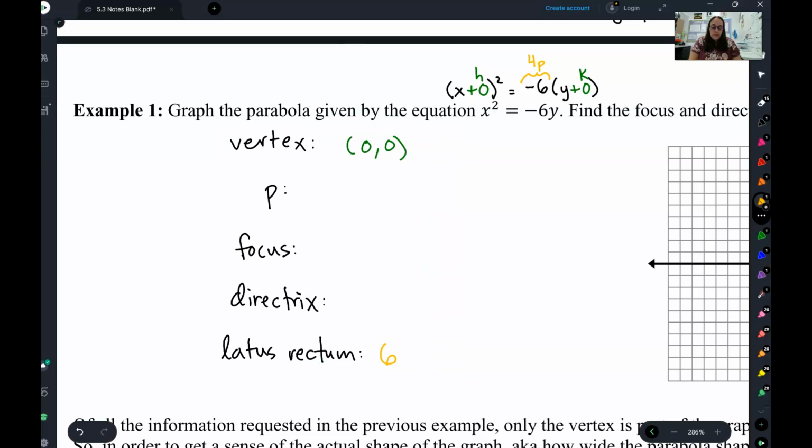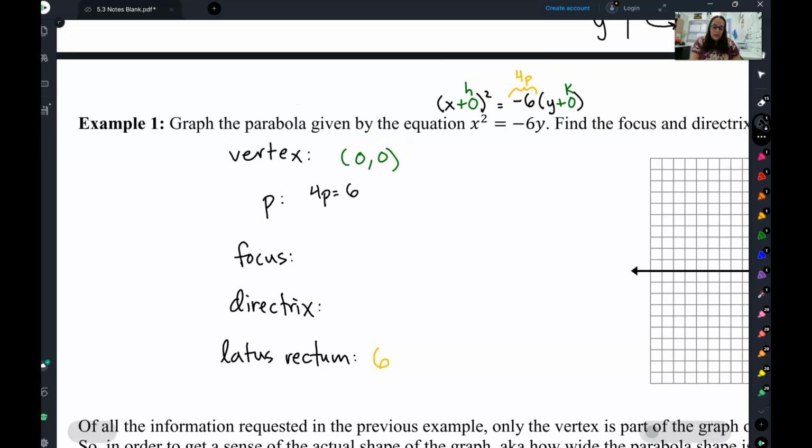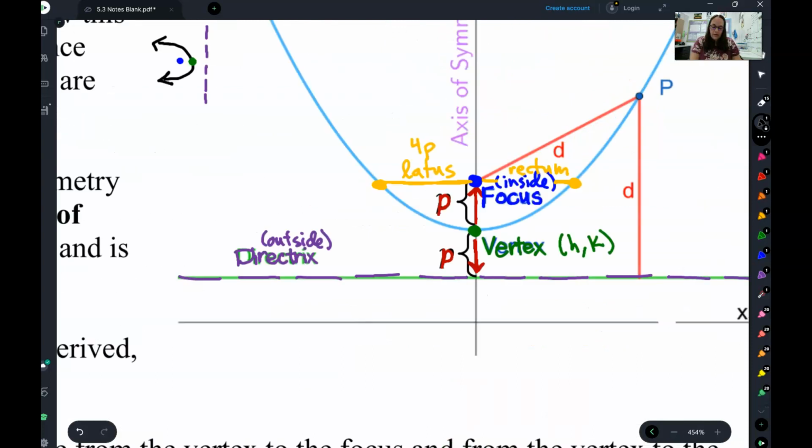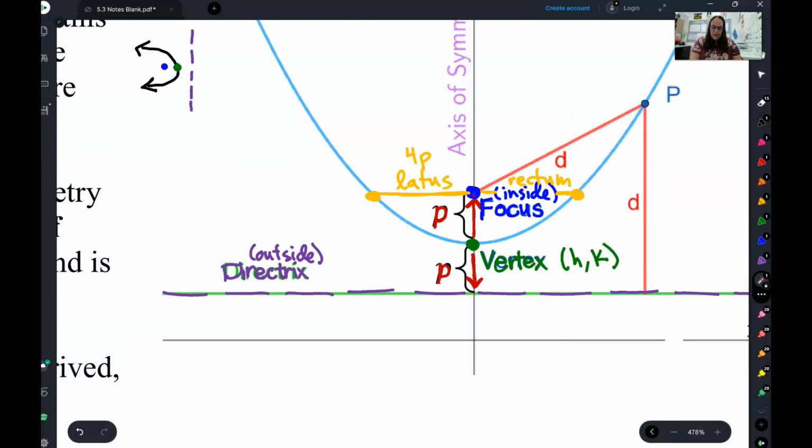Now, a couple other things that I can figure out. I know that 4p equals 6, so then I can solve for just regular p. Notice once again I dropped the negative. That's because p is also a distance. Reminder right up here, p is the distance from the focus to the vertex and from the vertex to the directrix.